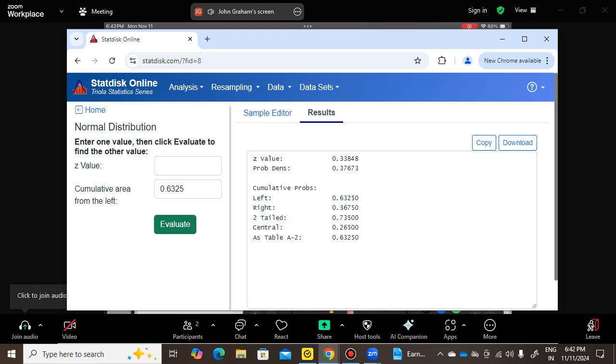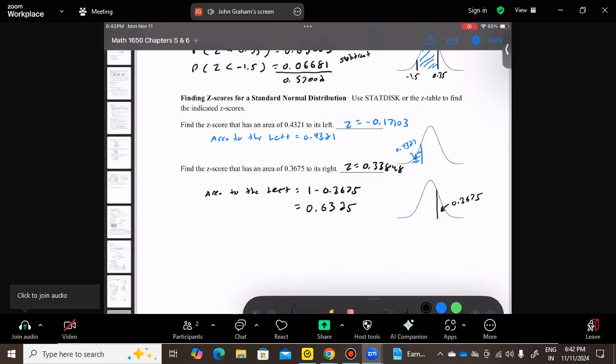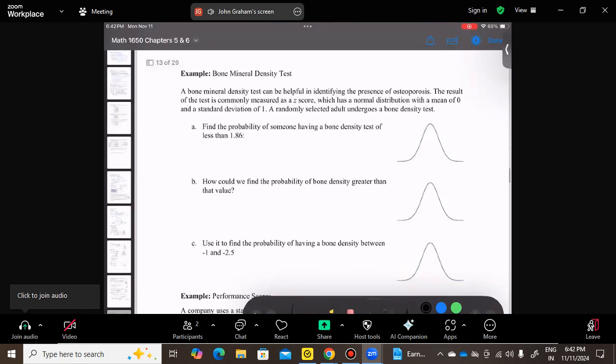Alright. Let's do a couple examples that are more applicable. Bone mineral density tests can be helpful in identifying the presence of osteoporosis. The result of the test is commonly measured as a z-score, which has a normal distribution with a mean of 0 and standard deviation of 1.